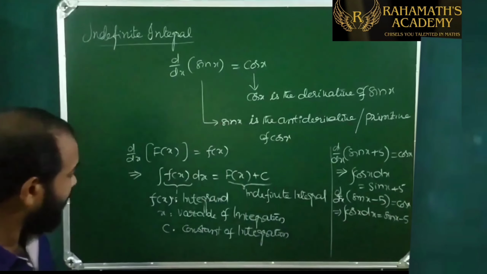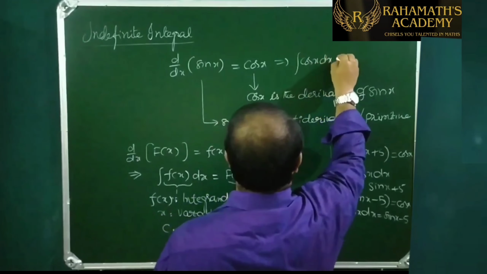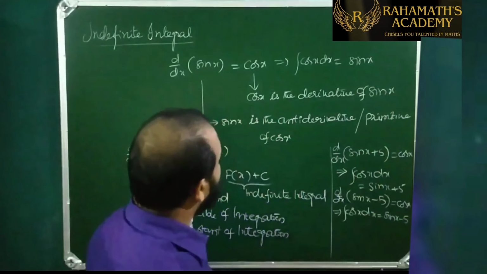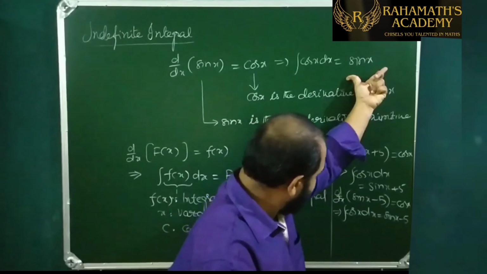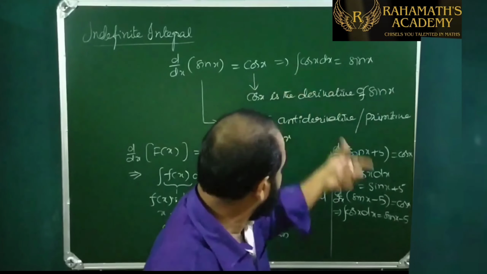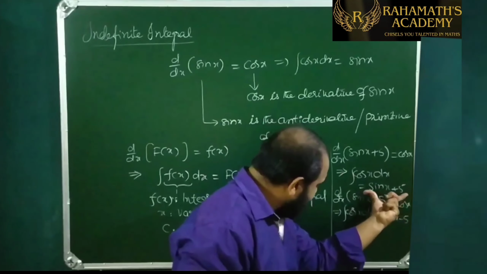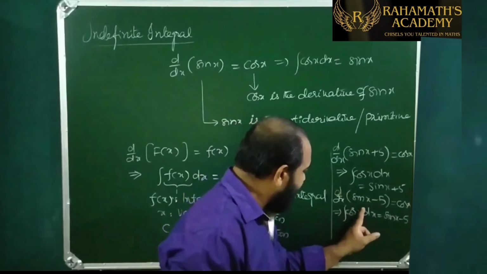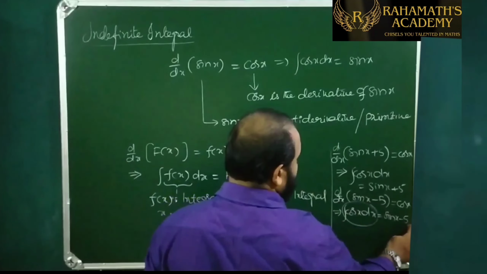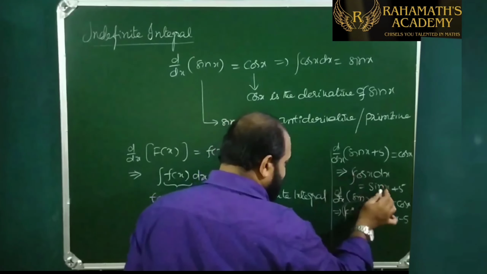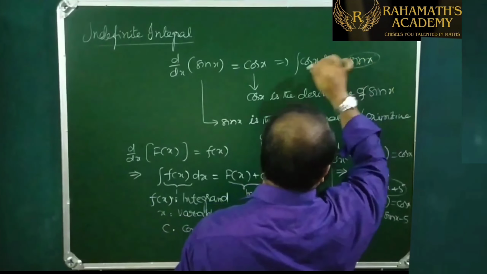If you concentrate here, integral cos x dx is equal to sin x in this situation, sin x plus 5 in this situation, and sin x minus 5 in this situation.